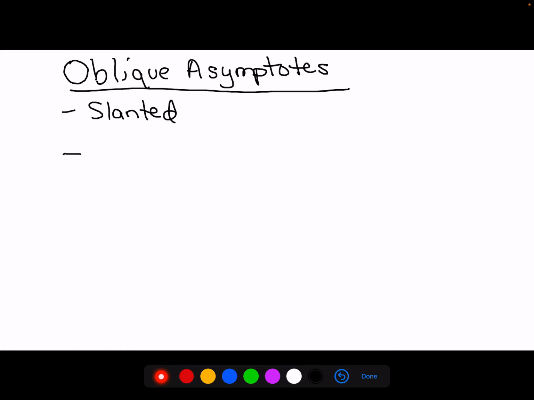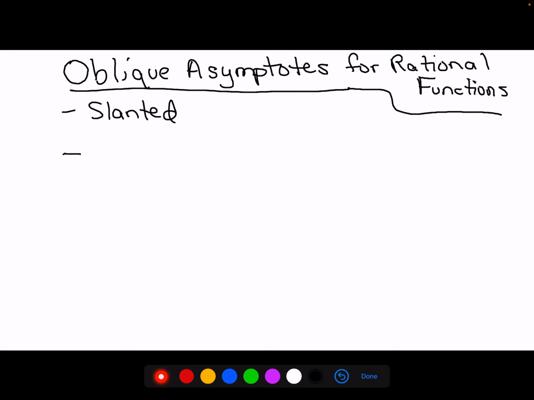Just like in the video that talked about the horizontal asymptotes and looking at the degrees of your numerator and denominator, you're going to do the same thing for an oblique asymptote. So again, this is for rational functions, so we're dealing with functions that are fractions with x either in the denominator or in both numerator and denominator.